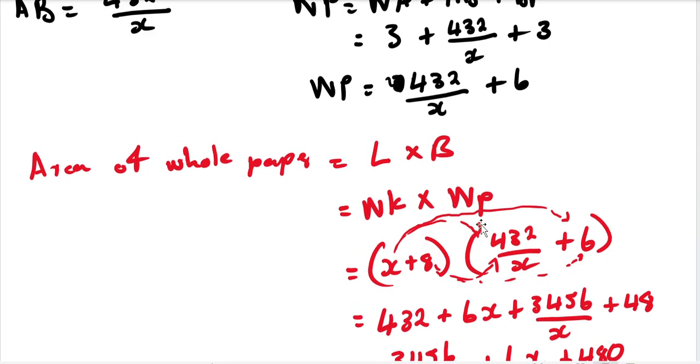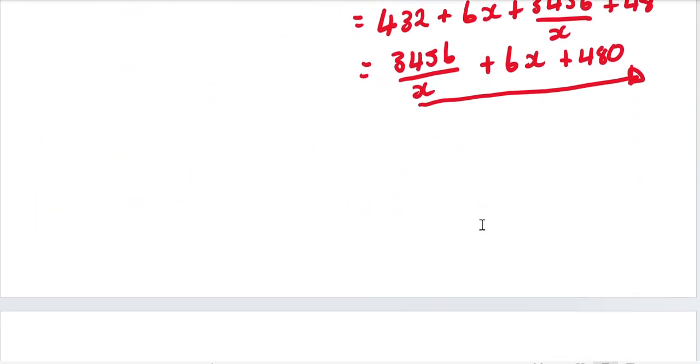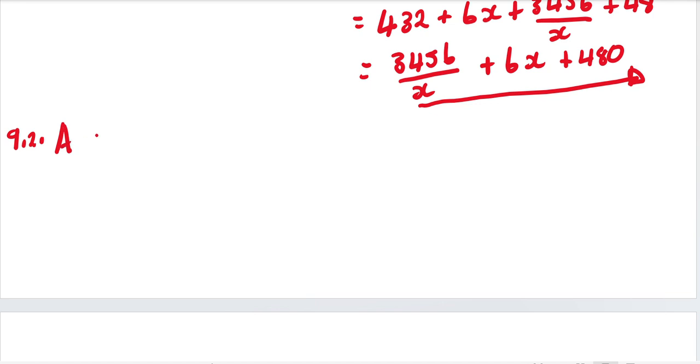Let's go and derive. It is 9.2. We are deriving. It is A of x derivative, and the derivative of this will be negative 3456 x to the power minus 2.